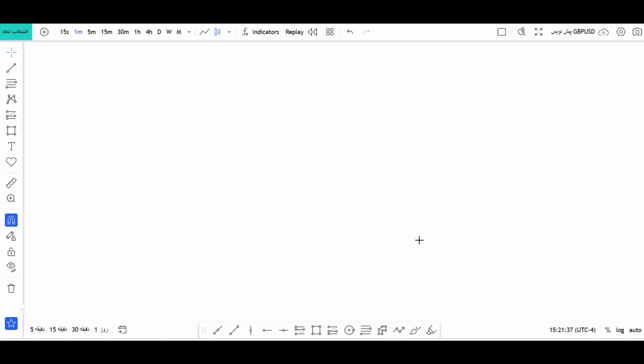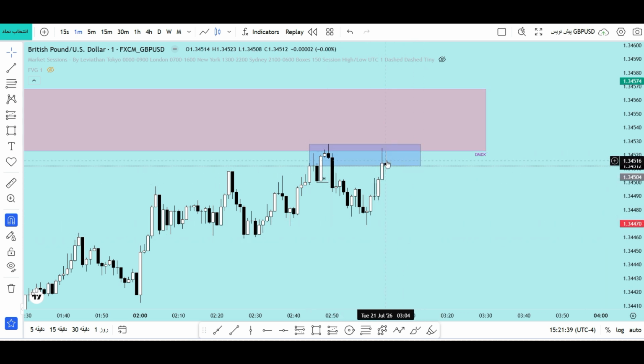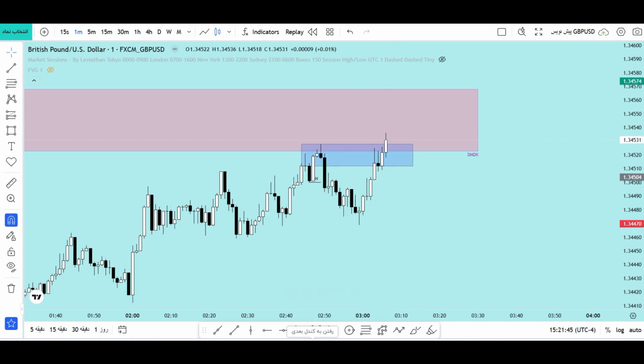Okay, let's see if there is an engulfing candle, we will enter the position. As you see, we don't have any engulfing candle, so we should wait. So let me delete this condition and this one.